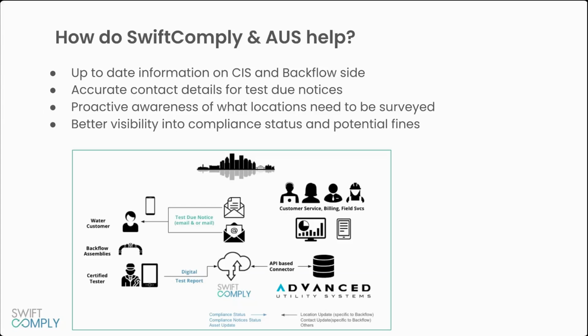Well, if you don't have up-to-date contact information, up-to-date addresses, emails, phone numbers, who the water customer or property owner is, it's going to be very difficult to get those notices out. The last thing you want to do is maybe you're sending out some letters or sending out some emails. You don't want to get that failed to deliver email back or a pile of returned mail. Then you just went through all this effort to send out notices and you have to restart again from scratch.